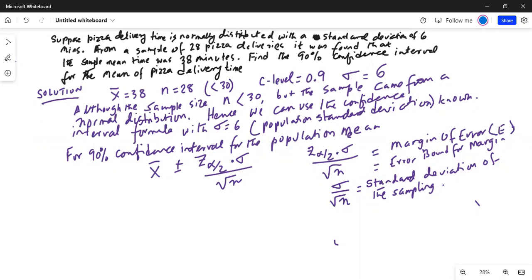So standard deviation of sampling distribution, which is the same as probability distribution of x bar. The sigma by square root of n is also known as standard error.